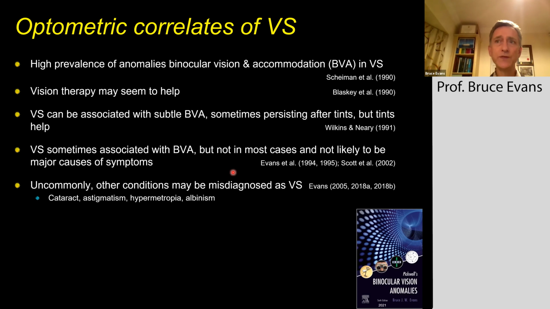And I've published over the years a few case studies of conditions that have been misdiagnosed as as visual stress by teachers, patients, parents. So people have arrived at the optometrist thinking they need coloured filters, and in fact they don't. In fact, it's a much more conventional condition that needs treatment.